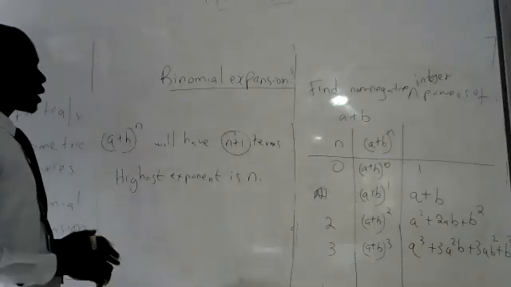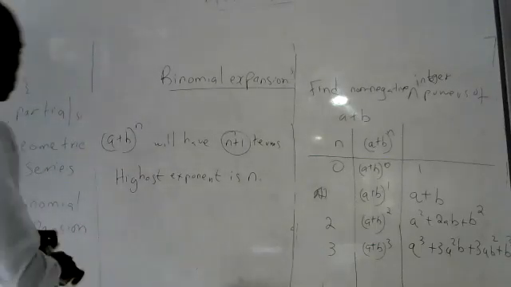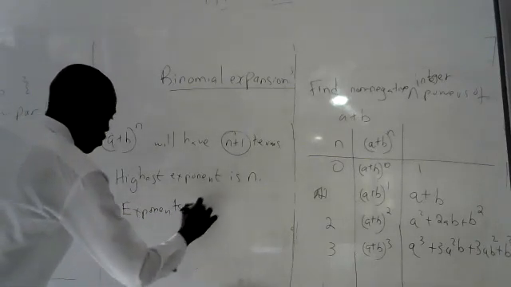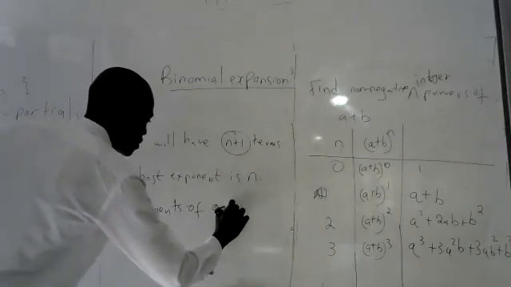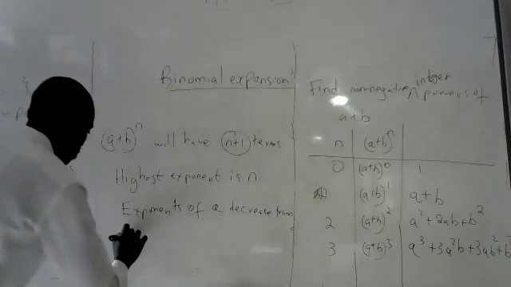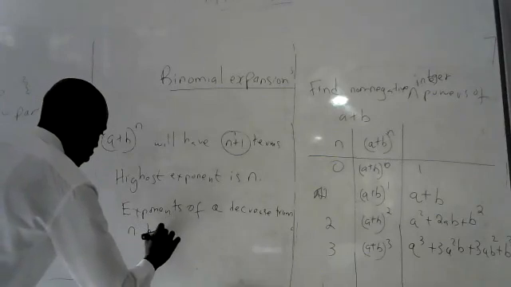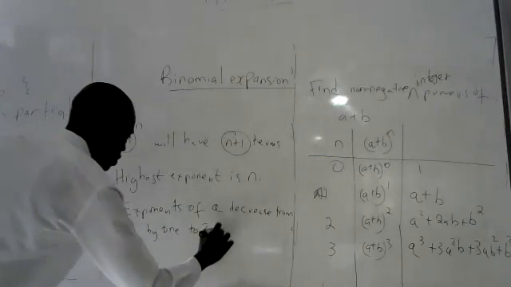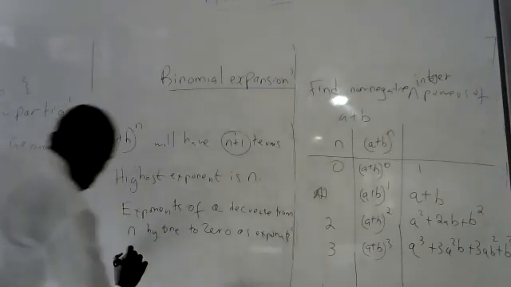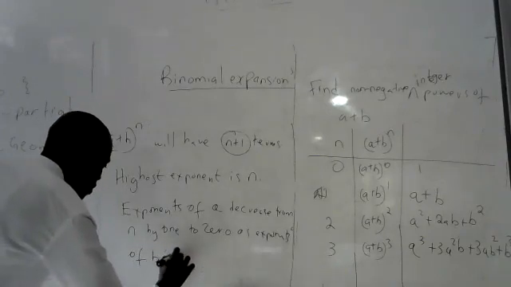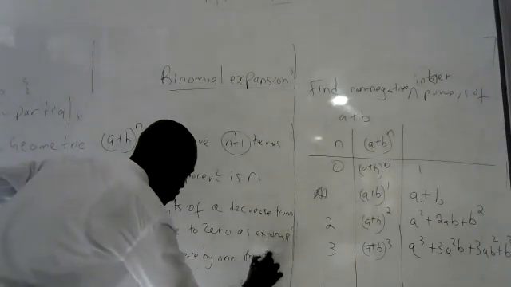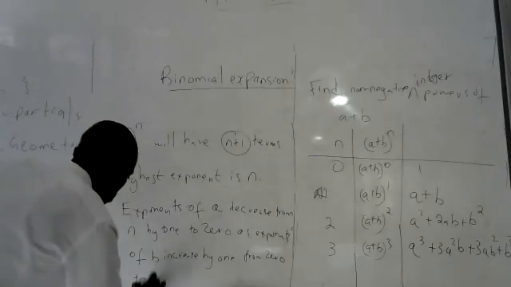And then there's another pattern. Lastly, the last observation I will make is that the exponents of a decrease from n by 1 to 0, as the exponents of b increase by 1 from 0 to n.